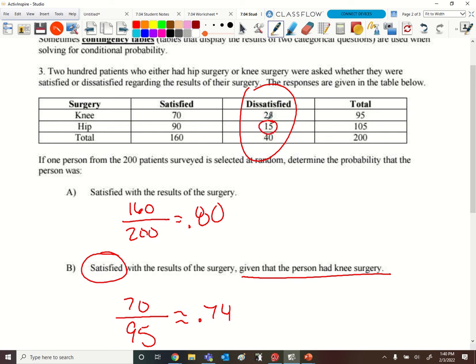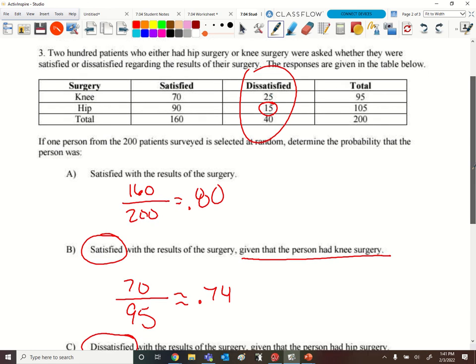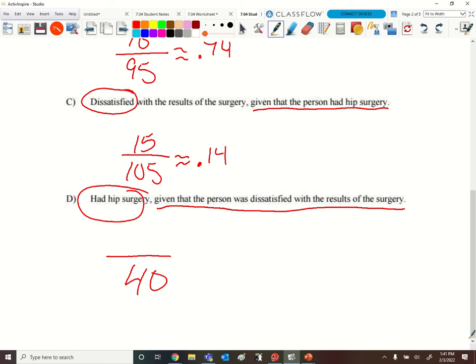That's why I keep circling what I'm talking about first. My "and" statement is the intersection of this. So dissatisfied and hip surgery is only that number. So it's 15 out of 40, which is 0.38.